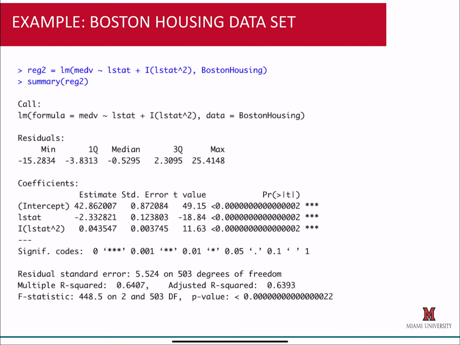Now, if we included a regression using a quadratic term, we would be looking at the estimate of median value using the y-intercept and the shift parameter on LSTAT, but now including that extra term, which is the quadratic term.